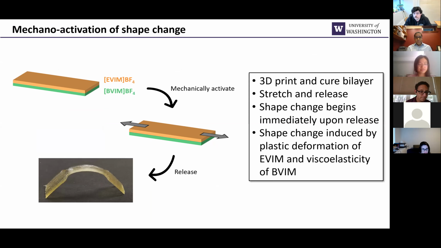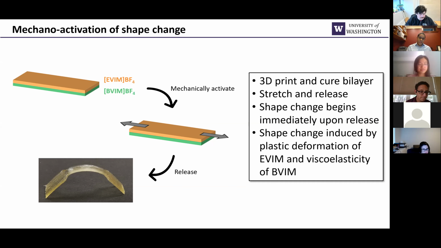And so here's where we start to get into something I think is pretty exciting: introducing mechano-activated shape change. The way this works in the simplest case is we have a bilayer that we've printed. The bottom layer here is the butyl derivative, a material that's more elastomeric.